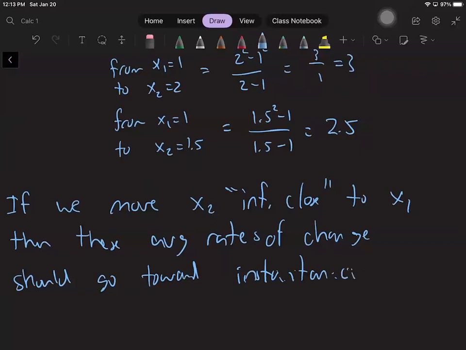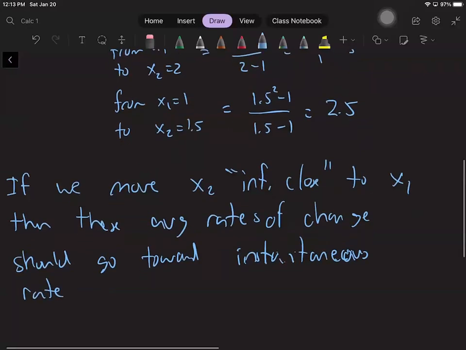Sorry, my pen is not cooperating. It's been a while since I did this video stuff. Should go towards the instantaneous rate of change right at x1 instead of from x1 to some other number.